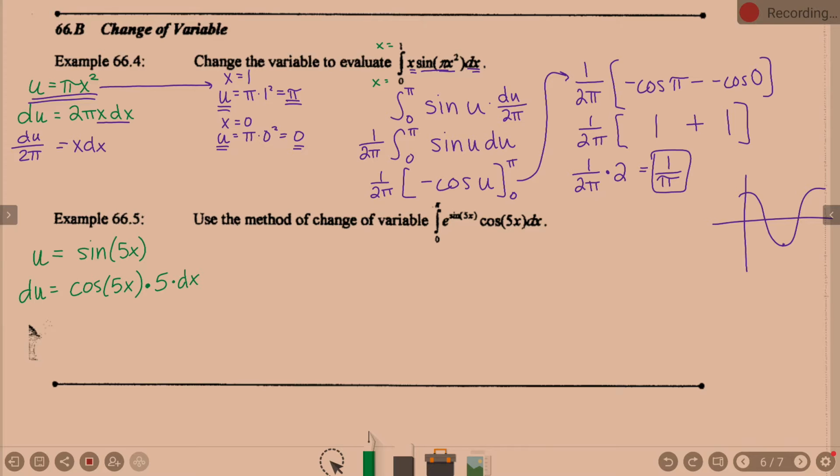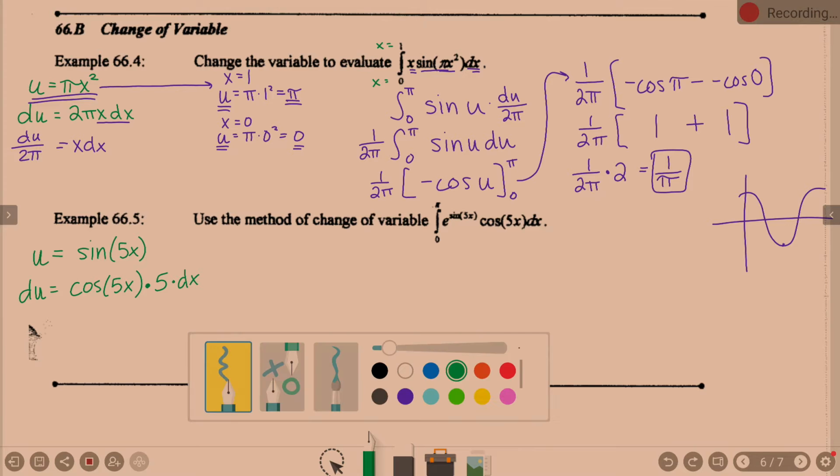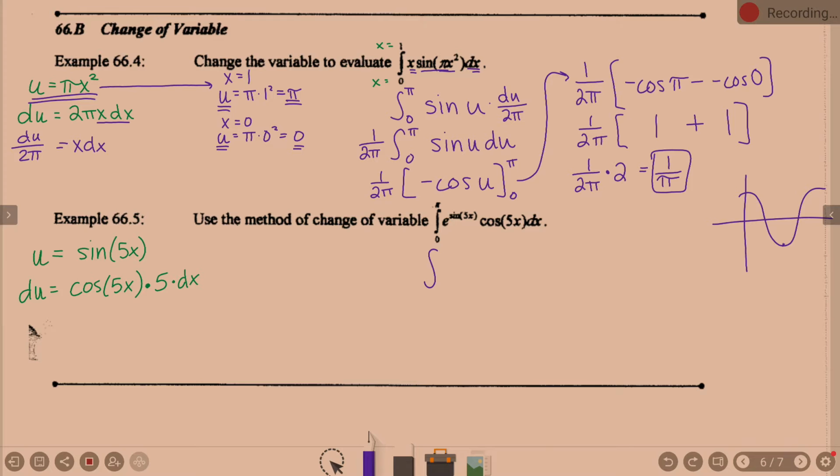You might be getting experienced enough right now that you already know what's going to have to move. I mean, this one's not as difficult to see as some. So if I go over here and I start working on my integral, e to the sine of 5x, well, that's going to be e to the u. What about cosine 5x dx?